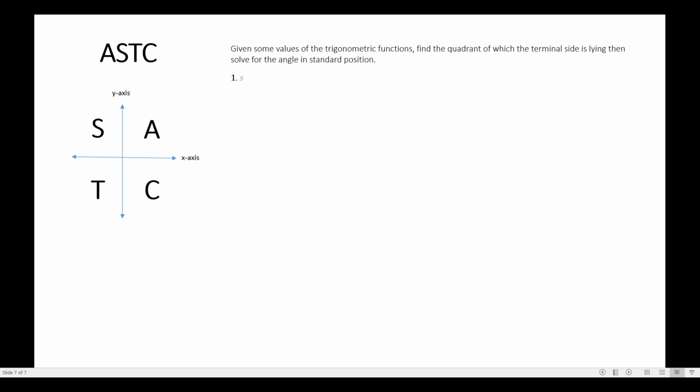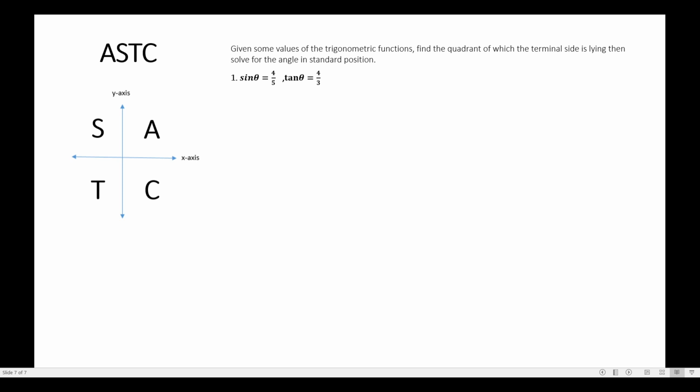Number 1, we have sine theta equal to 4 over 5, and tangent theta equal to 4 over 3. I have to emphasize this: it will not happen that two functions are positive while the other is negative. We have three main functions: sine, cosine, and tangent.